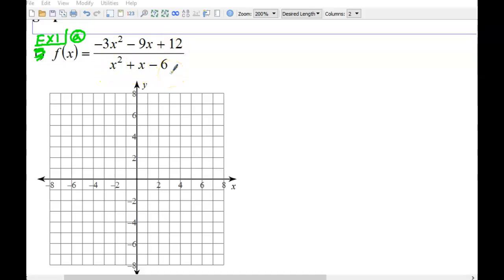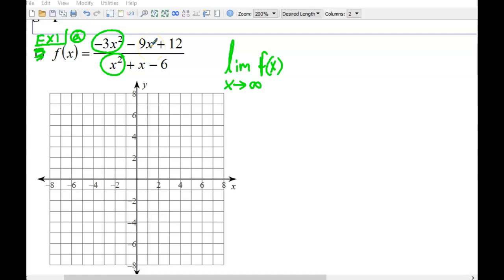Now we know that the end behavior for the top polynomial would be determined by this guy, and we know that the end behavior for the bottom polynomial would be determined by this guy. So here's the situation. If I want to find the end behavior of this function, so I'm just going to put f of x, because that's what this function is called.